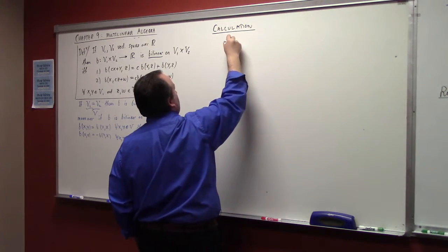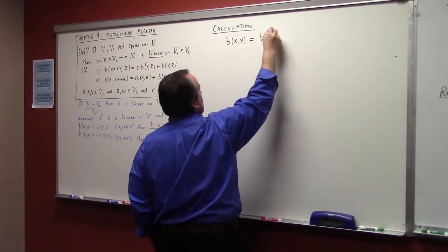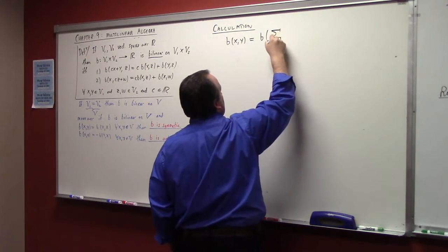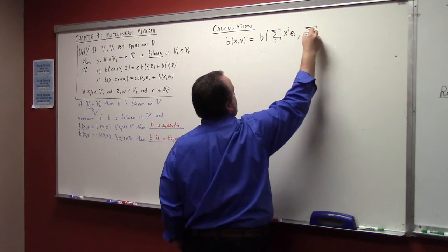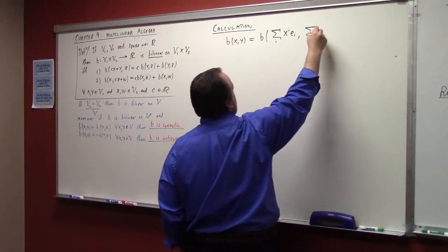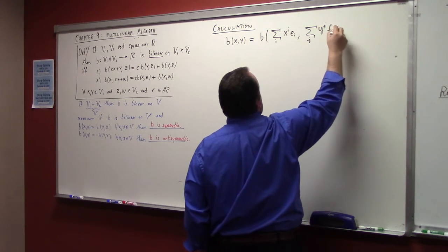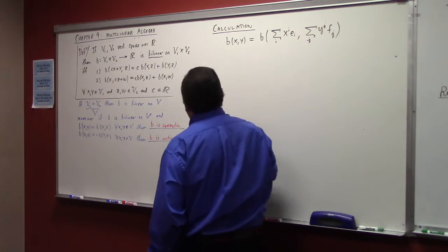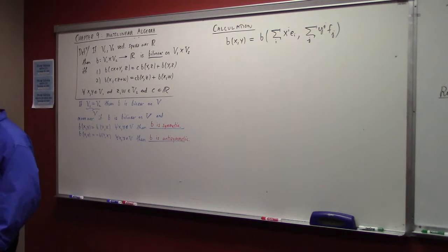B of x comma y is equal to B of the sum over i of x sub i e i, and then the sum over j, let's say, of y sub j. We'll use f sub j here because I'm trying to be a good citizen and think of V1 and V2 being different. It's about the same trouble to derive it in the case that V1 and V2 are distinct, so why don't we do that?